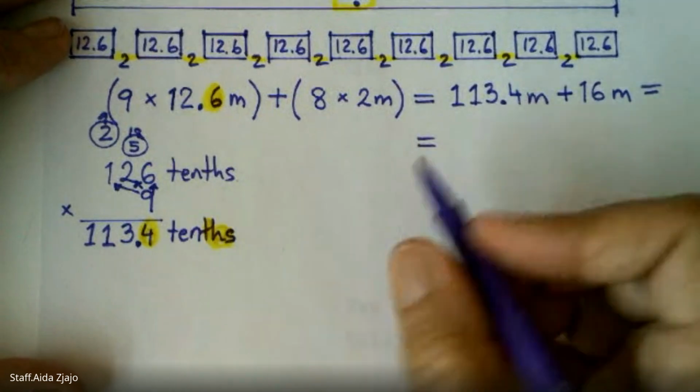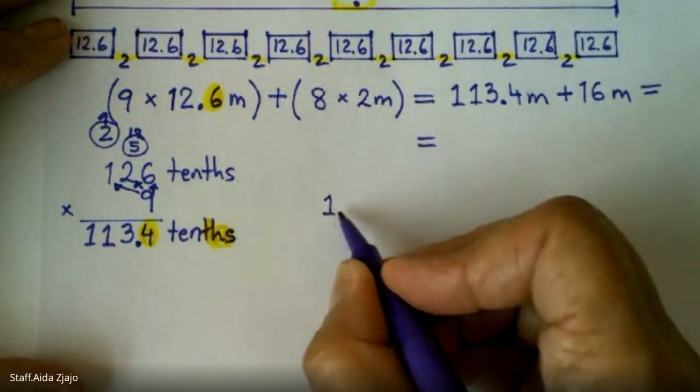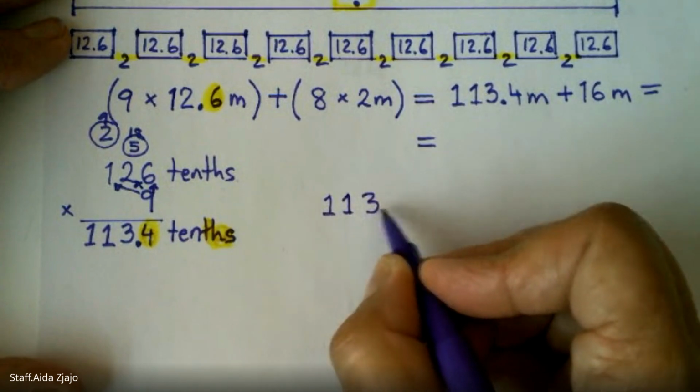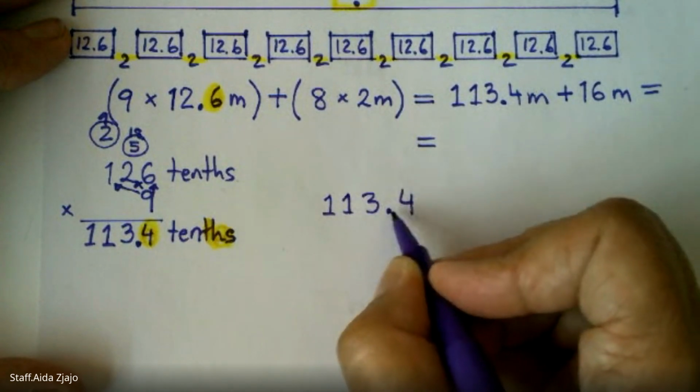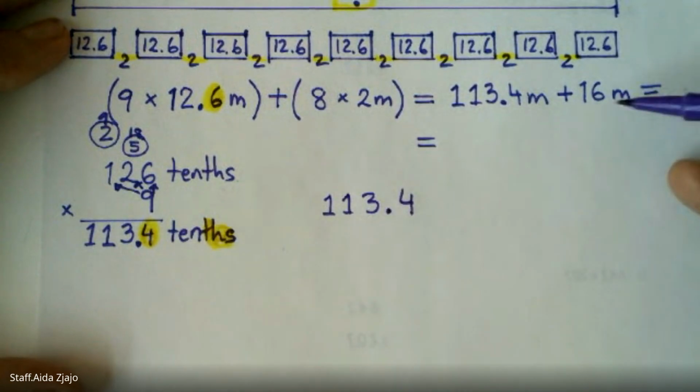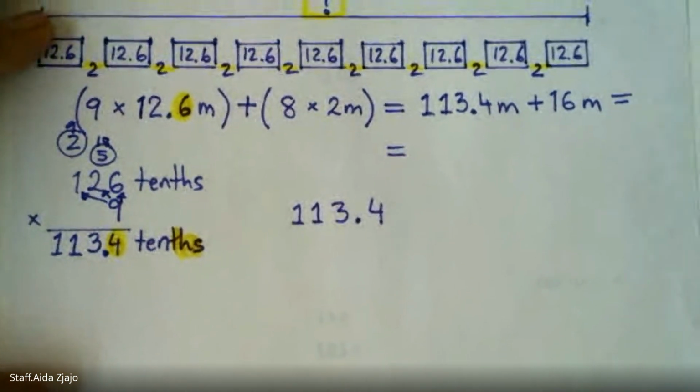So let's do that. I have 113 meters, 0.4. Now this is 16 wholes. If I have 16 wholes, I can make any number a decimal.